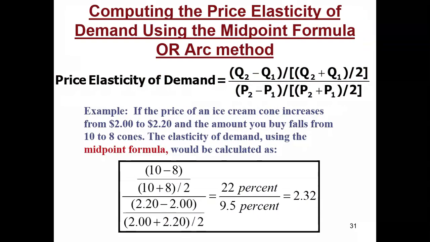So here, if the price of an ice cream cone increases from $2 to $2.20, the amount you buy falls from 10 to 8 cones. The elasticity of demand as per the arc method will be 2.32. Once we insert the values in the formula, we get 2.32.